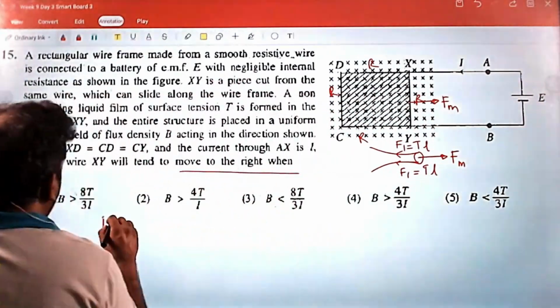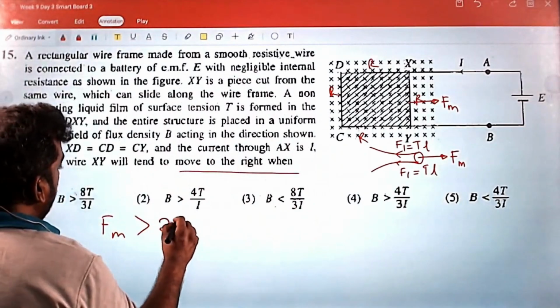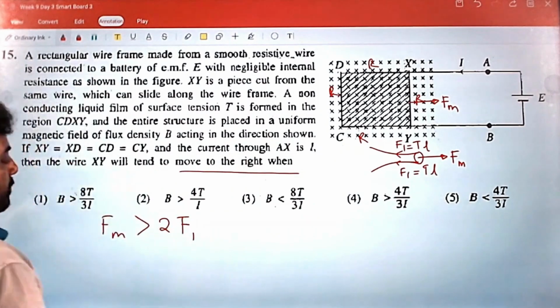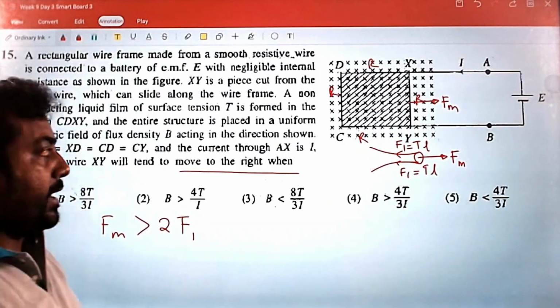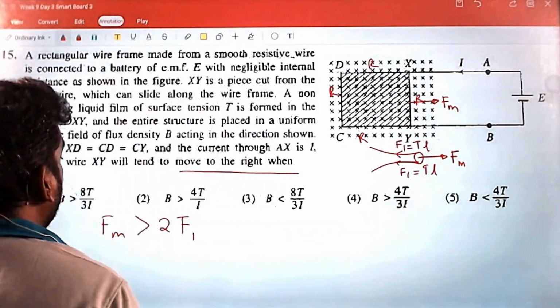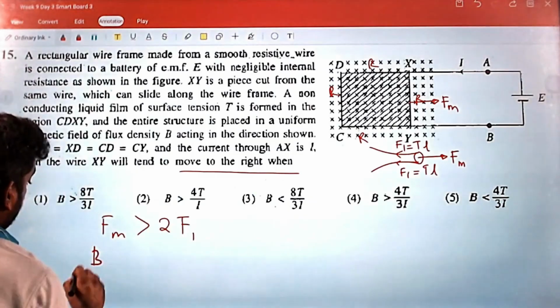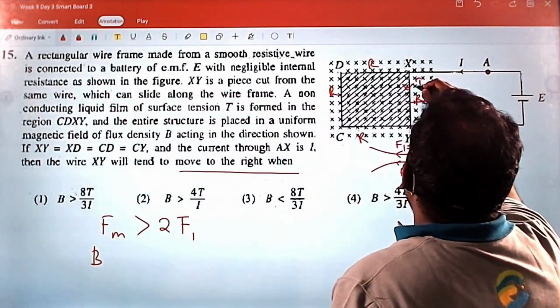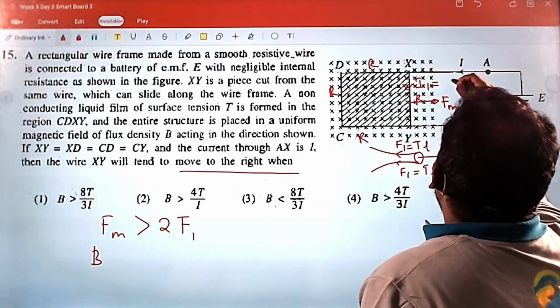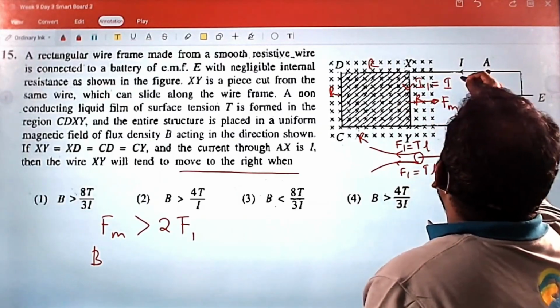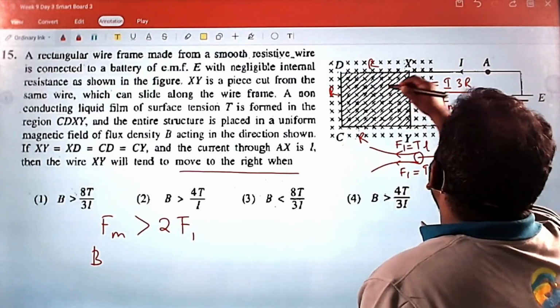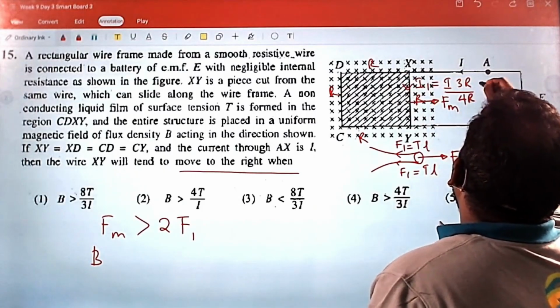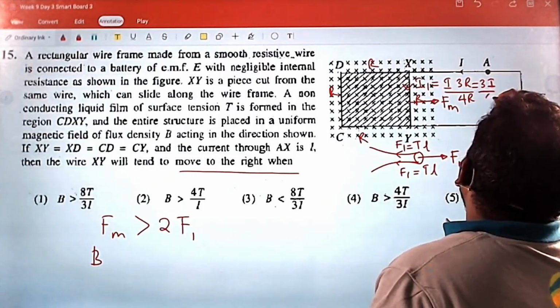It tends to move to the right when magnetic force is greater than 2 times surface tension force. Magnetic force is equal to B I L. What can you say about the current here? Current divider method. Main current I times 3R over 3R plus R, or 4R, is 3I divided by 4. That's the current.